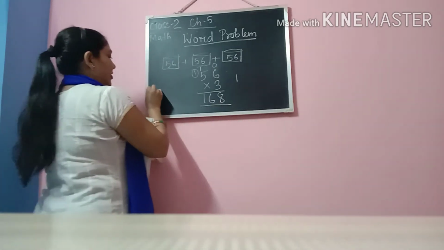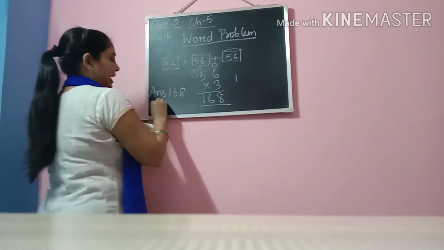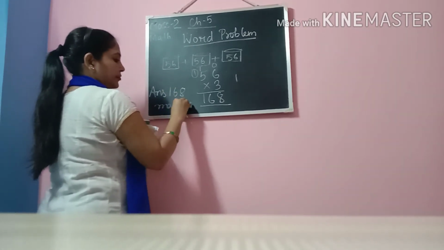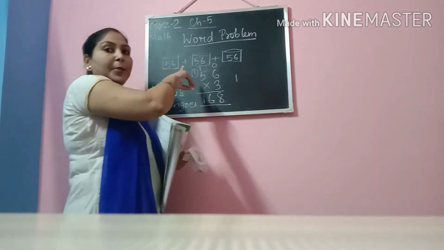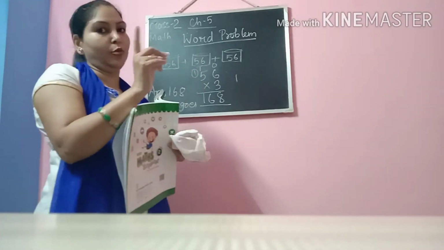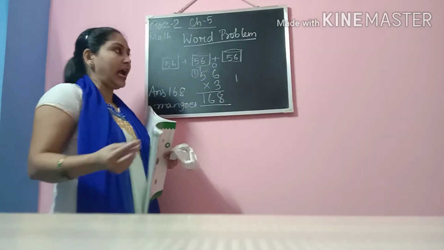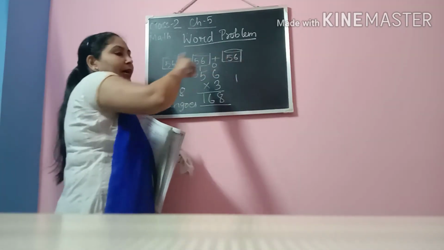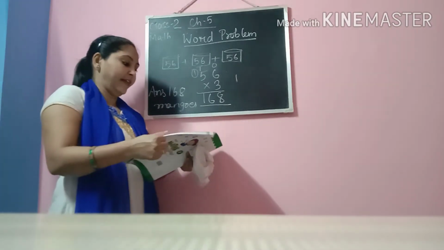Then in the answer, I will write 168 mangoes. Okay, I know how many baskets are there, and I know in one basket how many mangoes are there. And now what do I have to find out? I have to find out in 3 baskets how many mangoes are there.